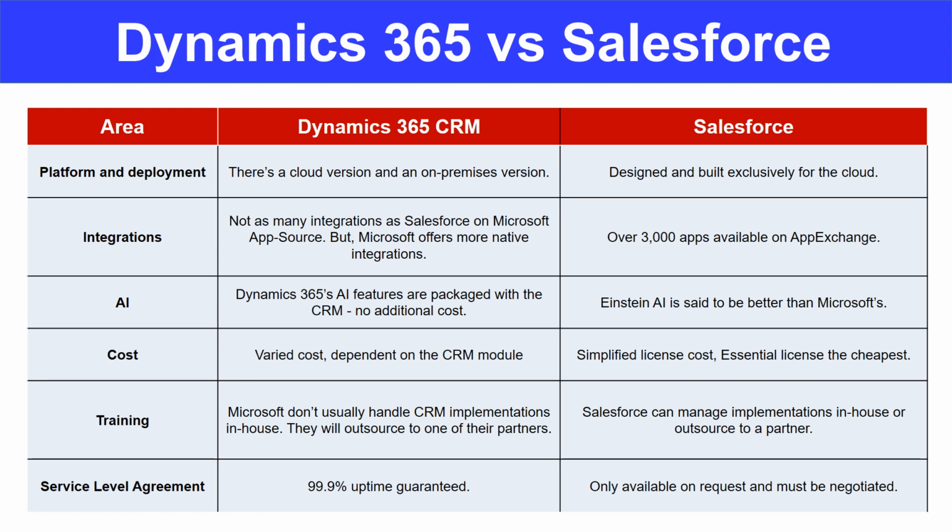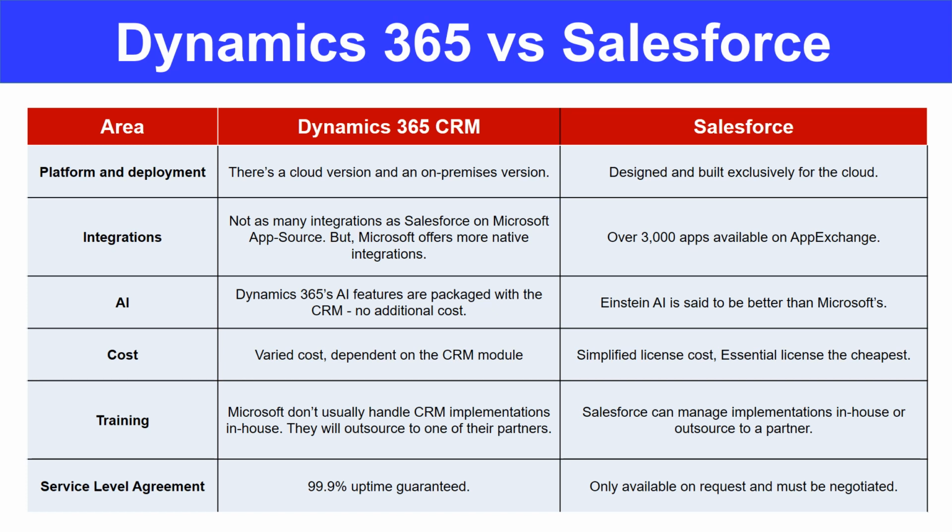And before beginning the Dynamics CRM basics, let us see a very popular question in our minds. Salesforce vs Dynamics CRM. Well, as you can see, there are key differences in both of the leading CRMs. In Dynamics 365 CRM, there's a cloud version and an on-premises version, whereas Salesforce CRM is designed and built exclusively for the cloud. Dynamics 365 CRM has not as many integrations as Salesforce on Microsoft AppSource, but Microsoft offers more native integrations, whereas in Salesforce CRM, over 3,000 apps are available on AppExchange.